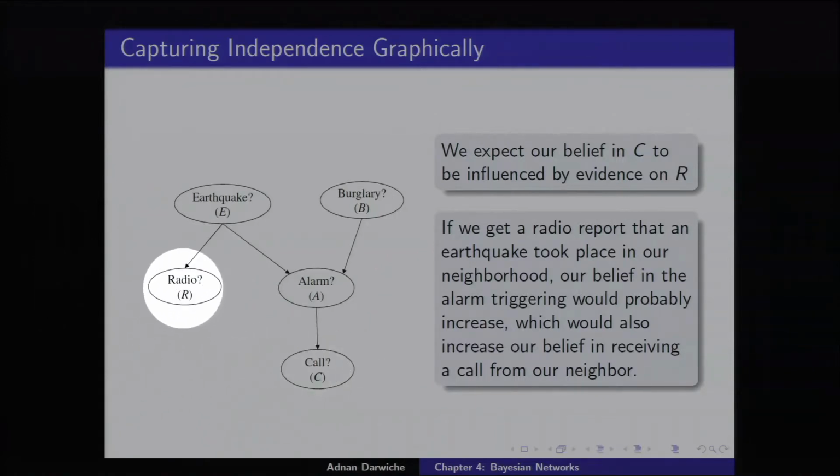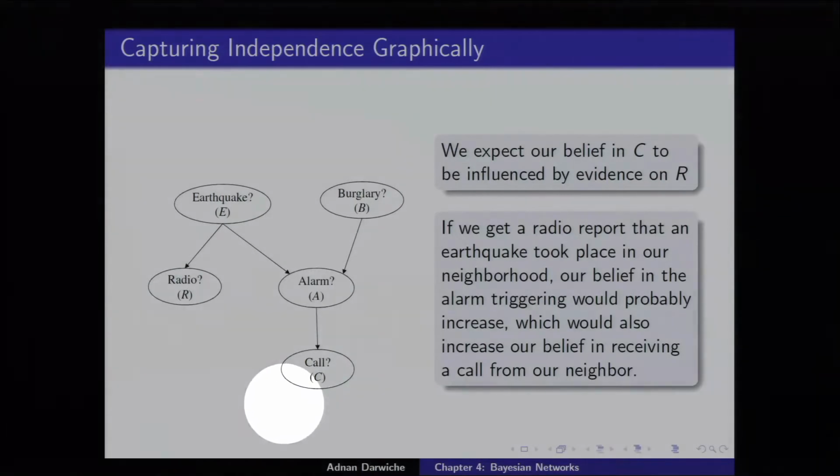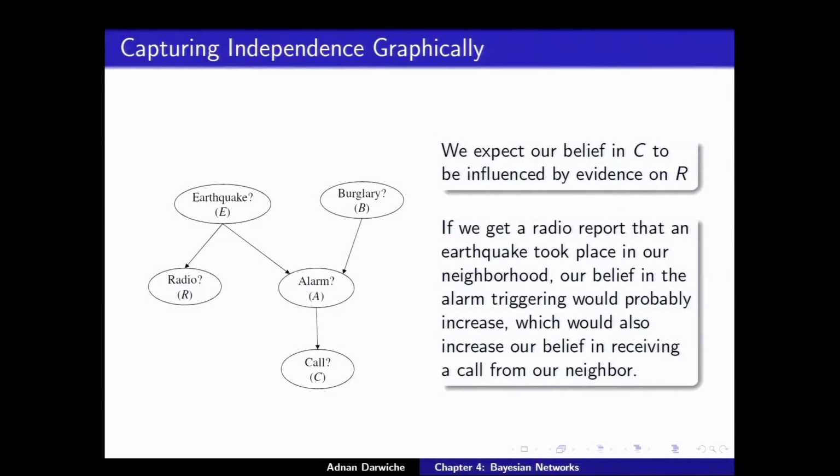The idea here is this report increases your belief in an earthquake. When your belief in an earthquake increases, that also increases the belief in the alarm triggering in your house. And then that leads you to believe that you may be getting a call from your neighbor. So these two are dependent in this particular case. Information about one of them influences your belief about the other.